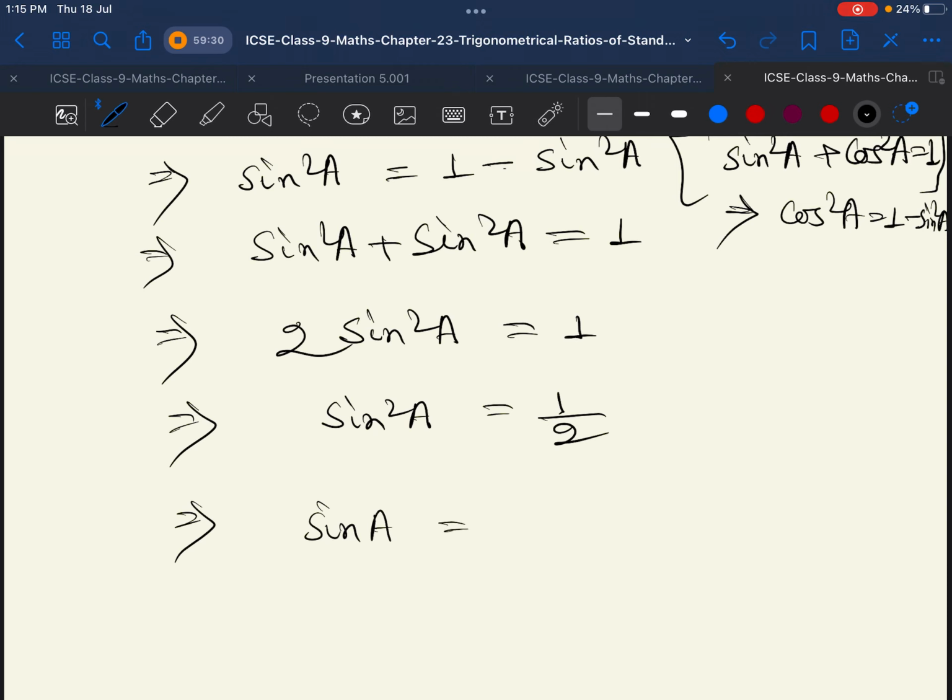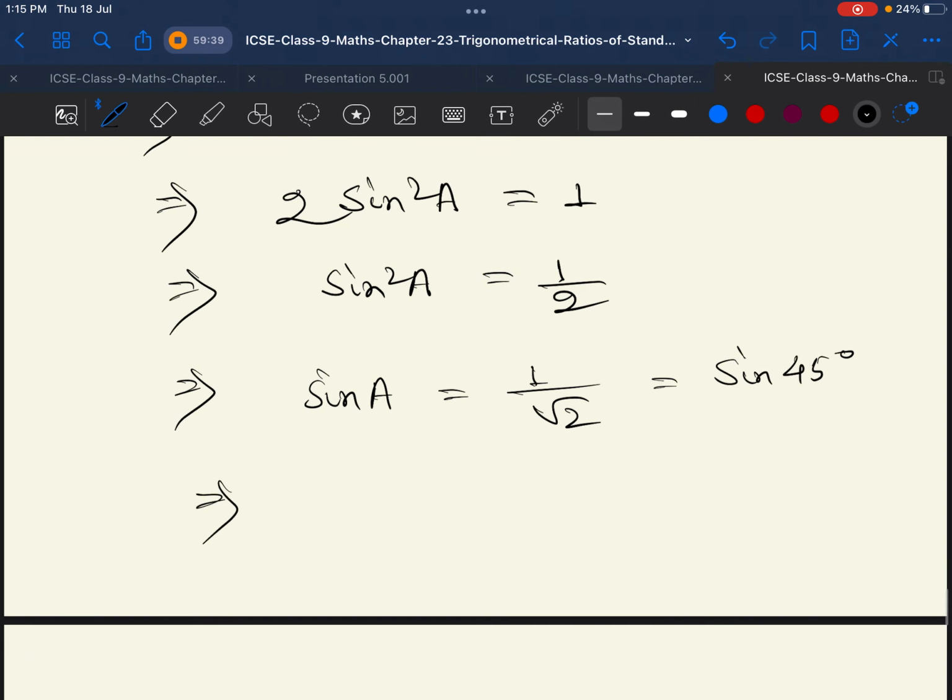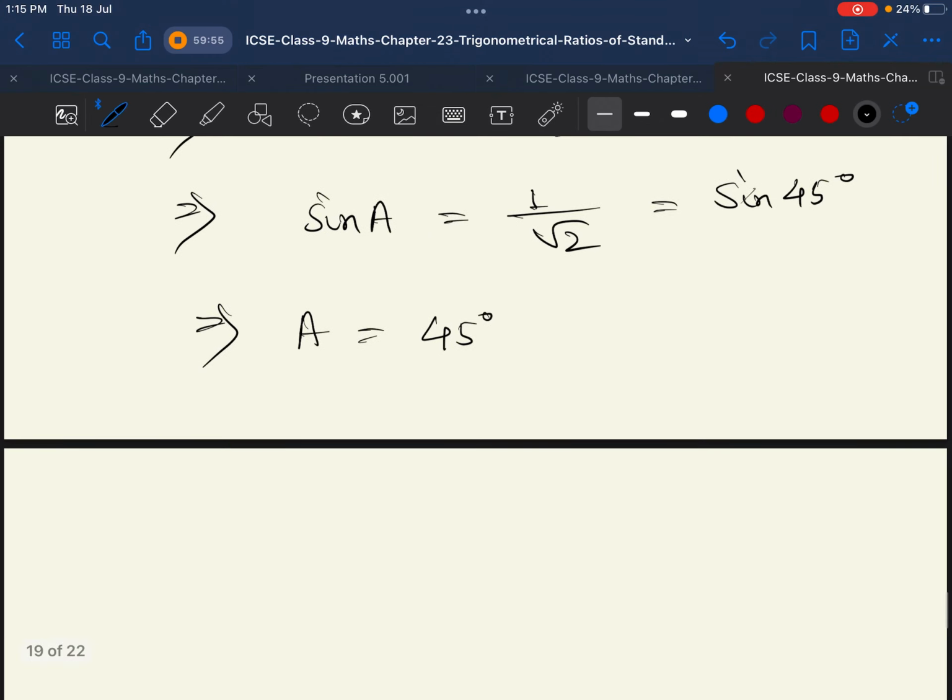So sin A equals to 1 by root 2. So this is sine of 45 degree. So we can write A equals to 45 degree. We have to find the value of A. So the value of A is 45 degree.